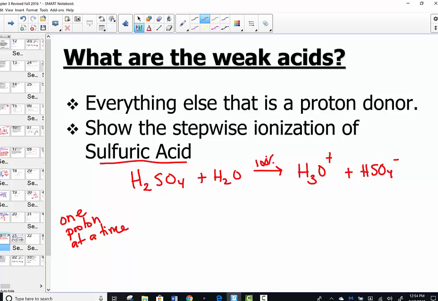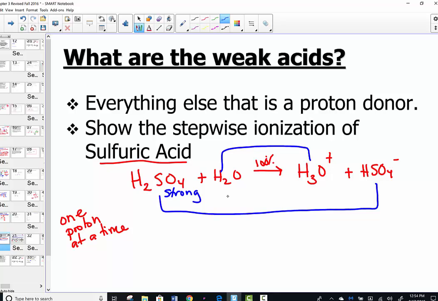I'm going to repeat. In Bronsted-Lowry, we only release 1 proton at a time. So it's a stepwise ionization. Notice the conjugate pairs can only differ by 1 hydrogen. This was said to be strong, 100% releasing just 1.